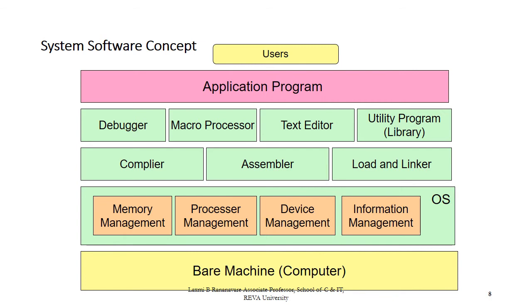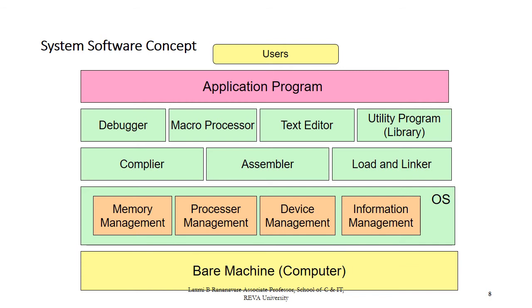It manages the memory in the sense it manages the primary memory and secondary memory, how much memory should be allocated for the user program, and after the execution of the program, it deallocates the memory. So allocation and deallocation of the memory is performed by memory management, and it is part of the operating system.